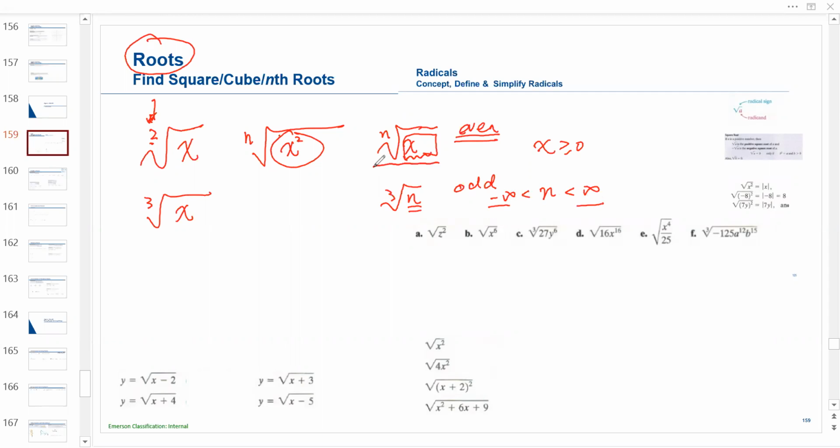But if it is an even number, the expression underneath should be greater than or equal to 0. So just like this one, the square root of x: if they didn't mention whether x is positive or negative, you should add the absolute value to make sure it is greater than or equal to 0.